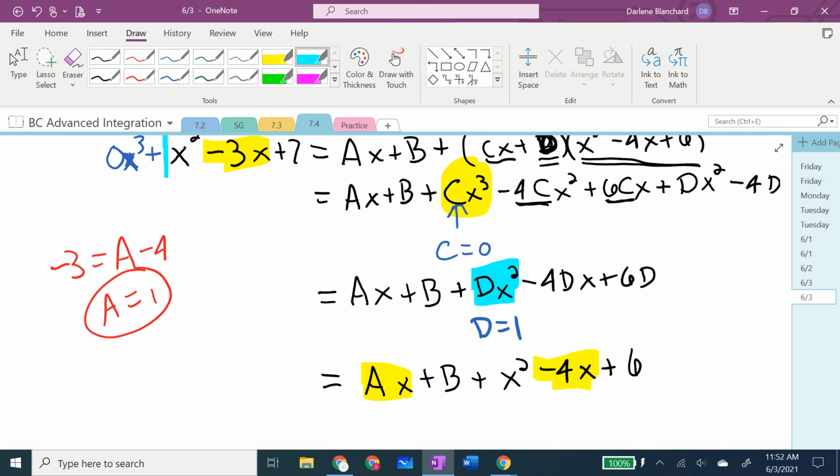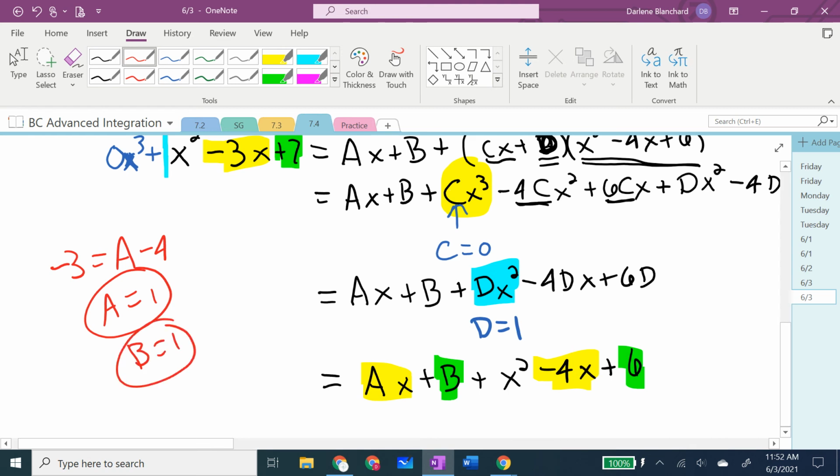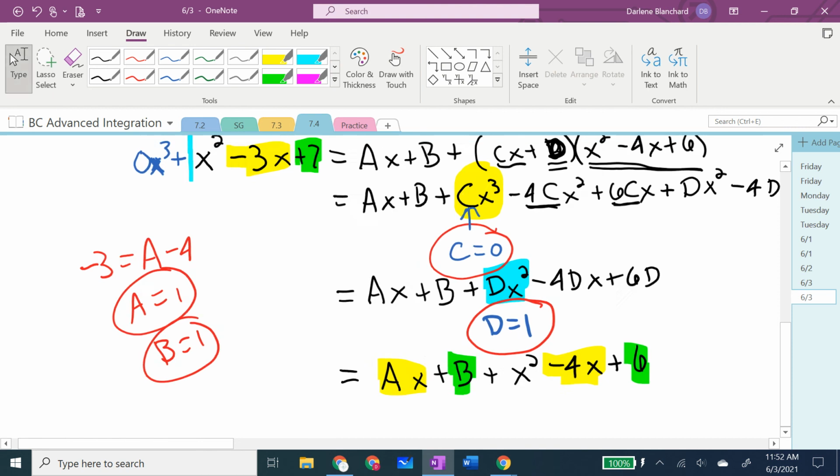And then I have b plus 6 must equal 7. B must equal 1 as well. Woohoo! So sometimes finding the fraction decomposition can go really quickly.